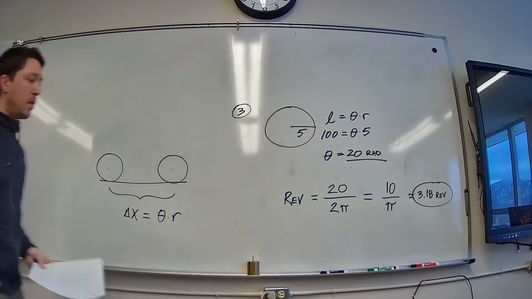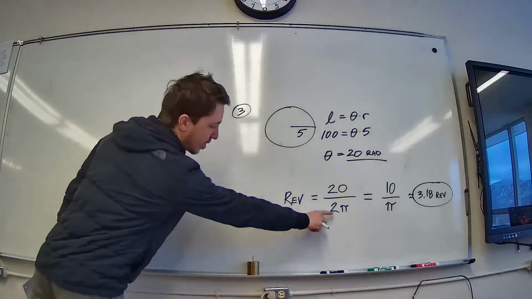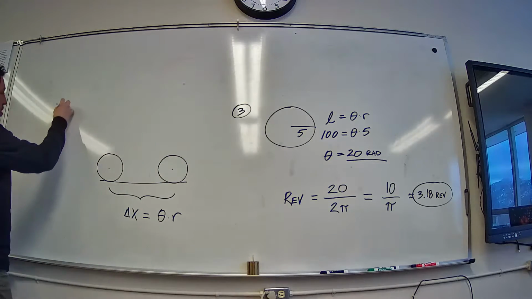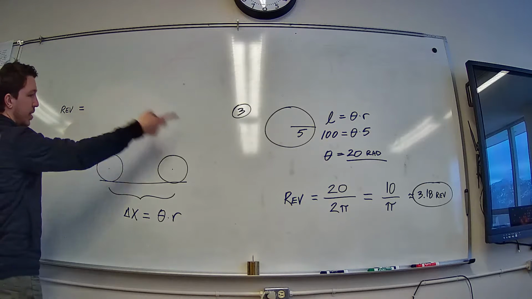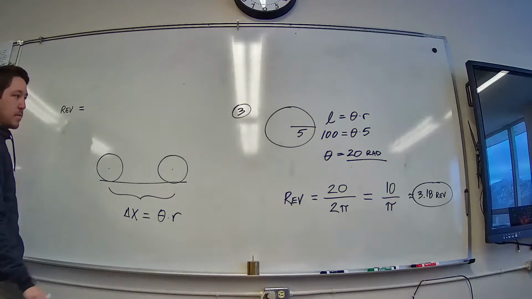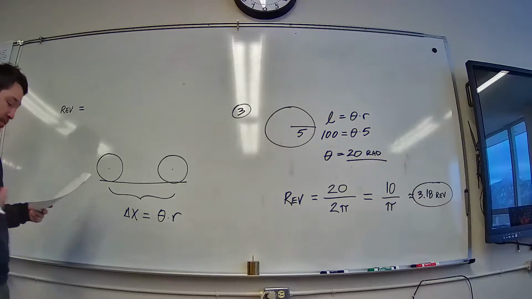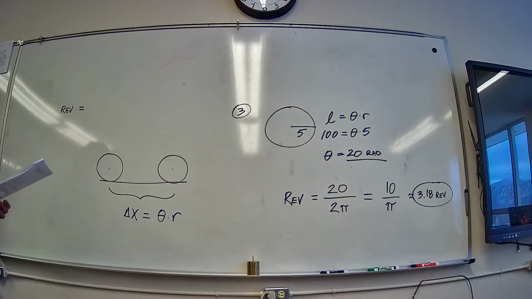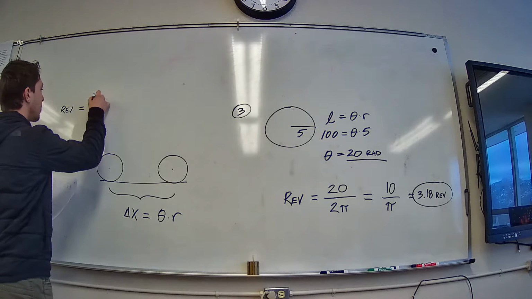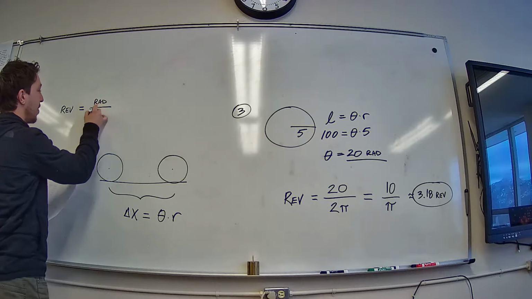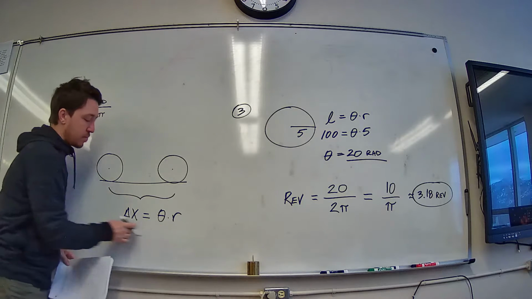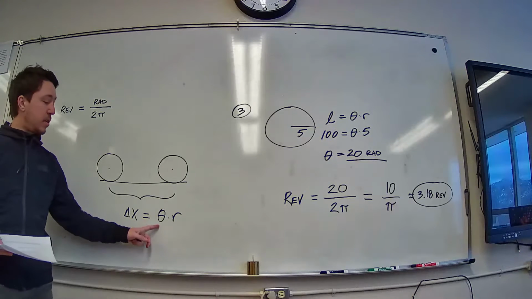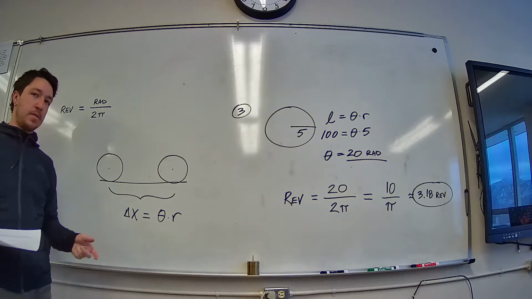The number of revolutions is equal to the number of radians divided by 2 pi, right? And then we also know that you can get the number of radians by dividing the distance traveled by the radius.